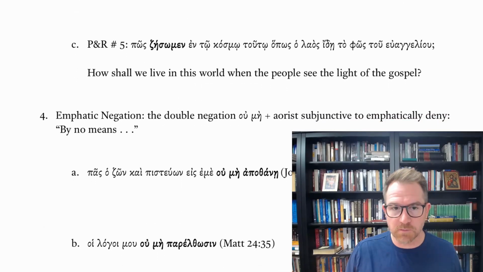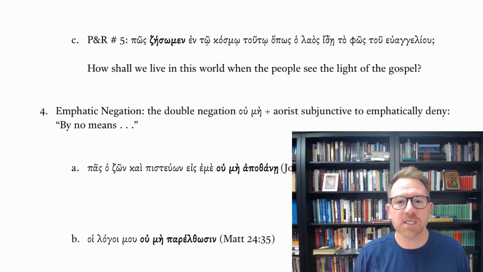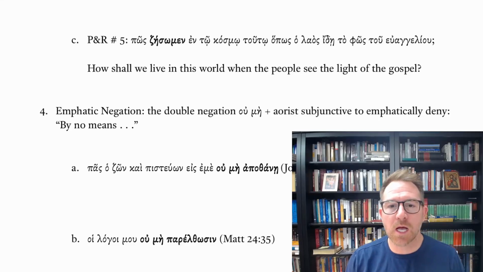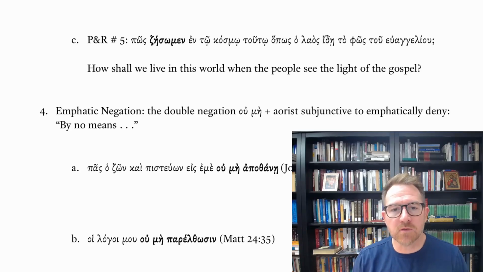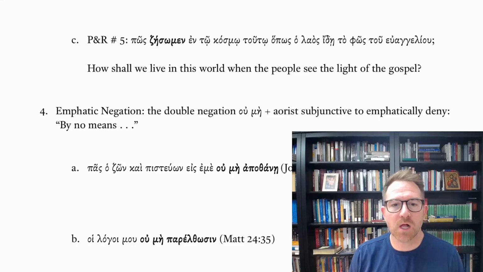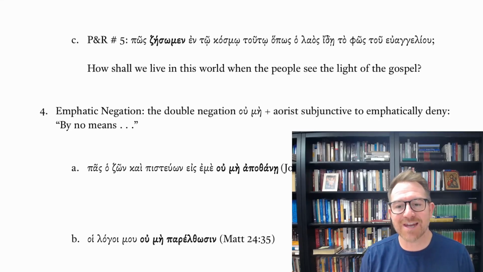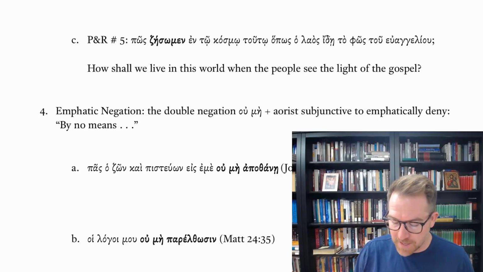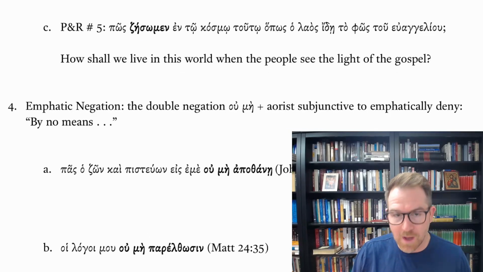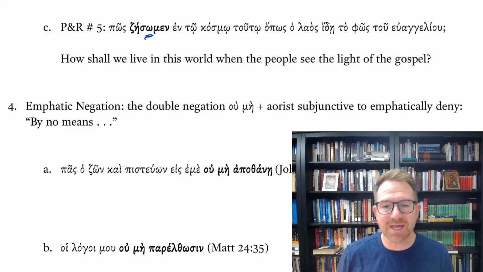Practice and review, sentence number 5. Pos zeisomen en to cosmo tuto, ha pos ha laas ide tafas tu evangeliu. How shall we live? How, pos, shall we live? And notice the zeisomen, you might think of that as a future, but that lengthened omega tells you, oh, I'm in the subjunctive, that lengthened omega.